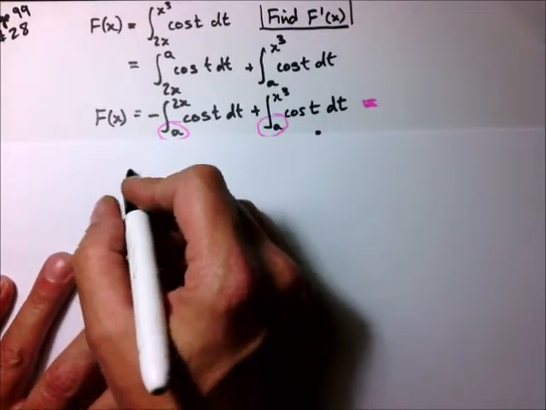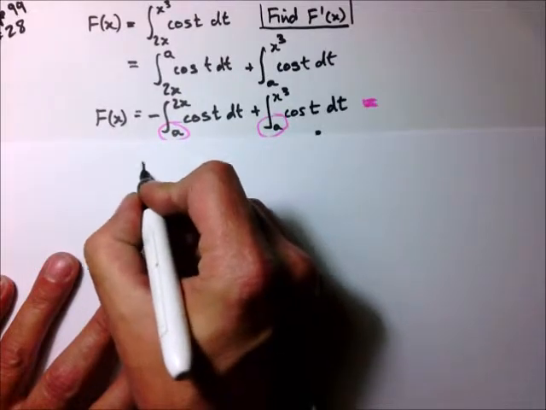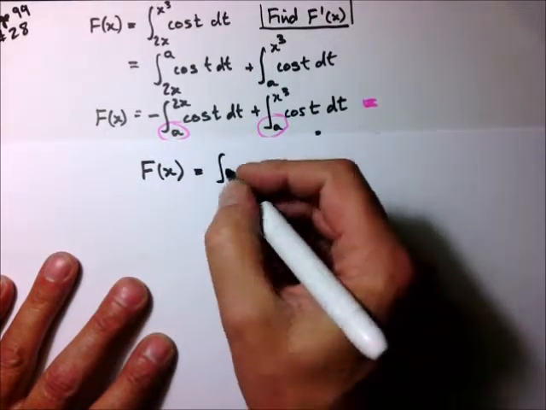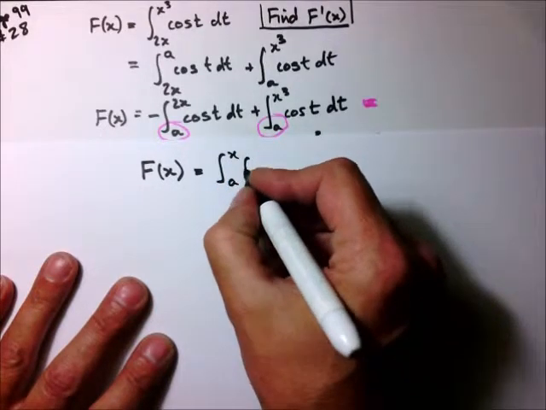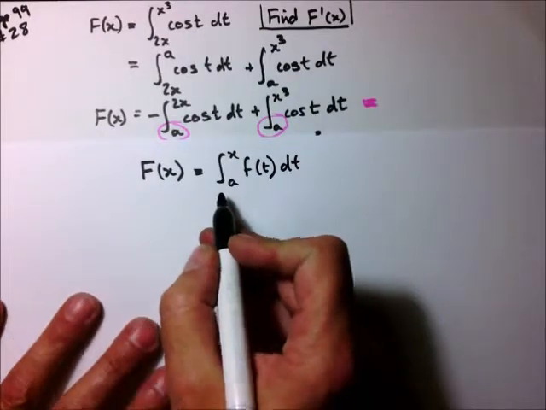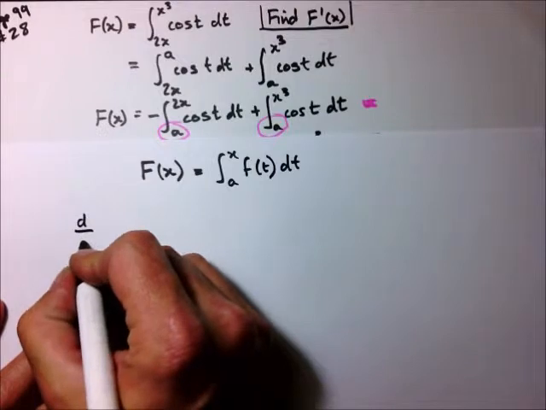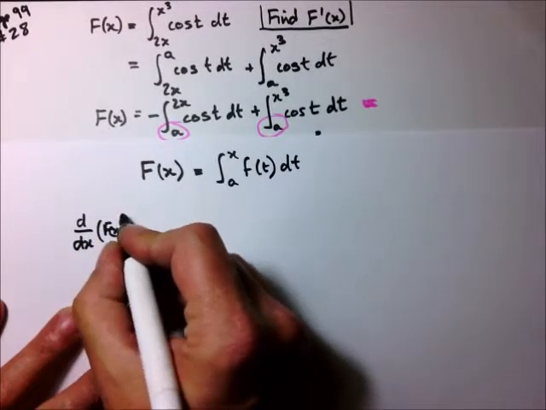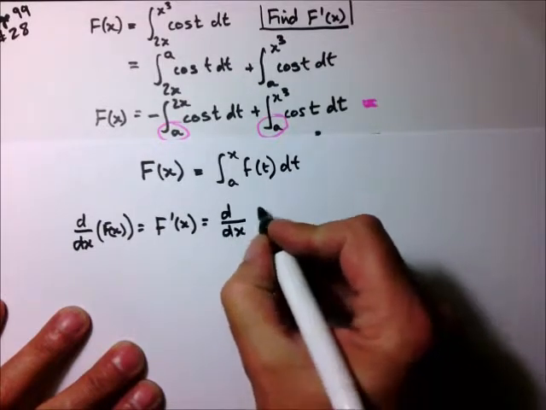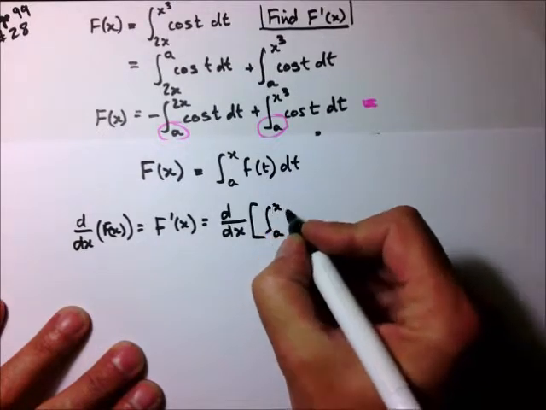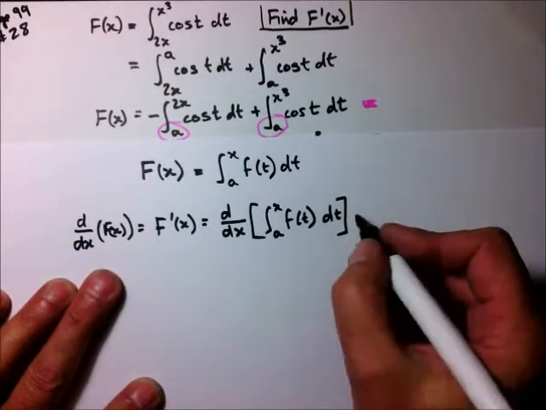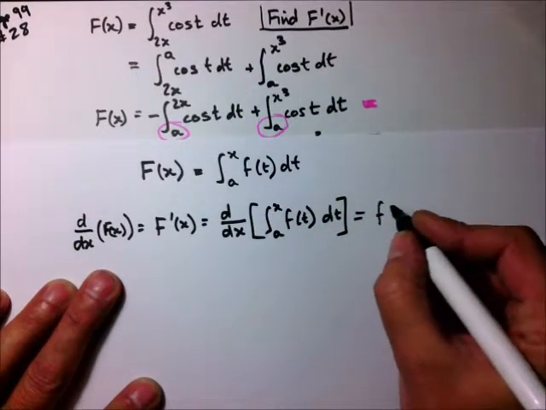Firstly, the fundamental theorem of calculus says that if you have a function denoted by capital F of x, which is defined as the integral between a and x of a function f of t dt, and we take the derivative on both sides, in other words we have d by dx of F of x, which is F prime of x, equal to d by dx of the integral between a and x of f of t dt, then this is equal to the small f of x.